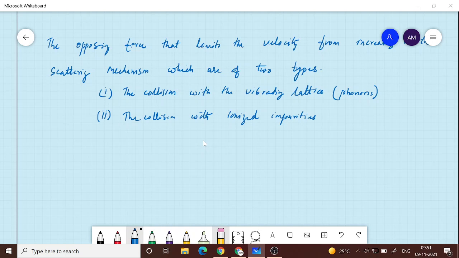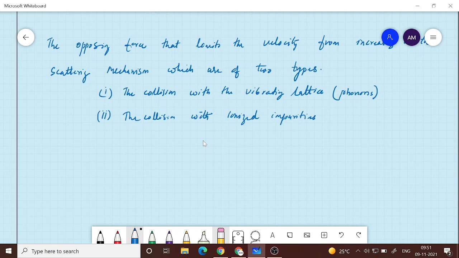You can have compensated doping also, where elements from the 3rd group as well as the 5th group are both put into the intrinsic semiconductor. All of these impurities which are added, if they are ionized, are scattering points.